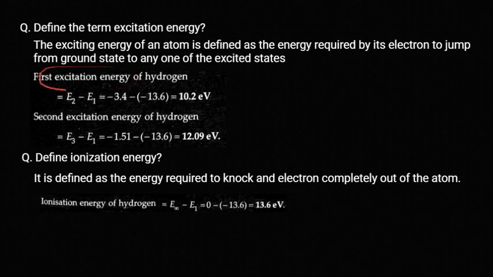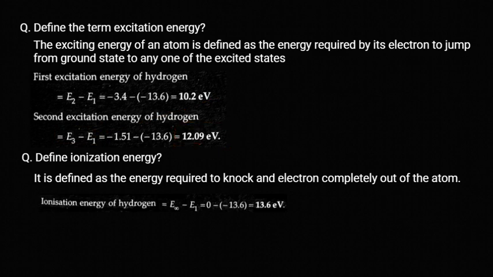Now similarly, if I want to make a transition from the first orbit to the third orbit, then again I have to supply some energy to the electron. How much should that energy be? The energy should be the difference between the energy of the third orbit and the energy of the first orbit, which is 12.09 electron volts.